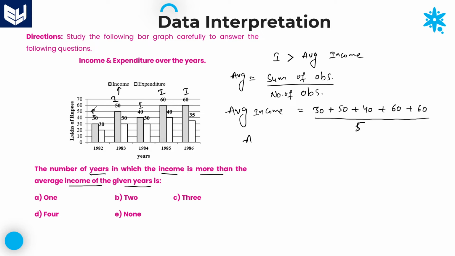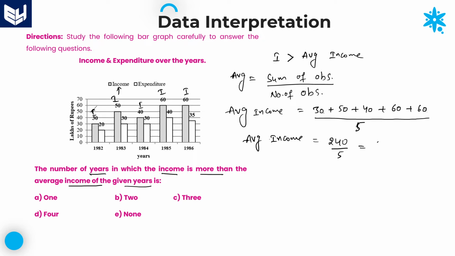Now you can calculate this one. Average income is equal to, first 60 plus 40, 100, 160, 190 plus 50, that is 240, right? 240 divided by 5.